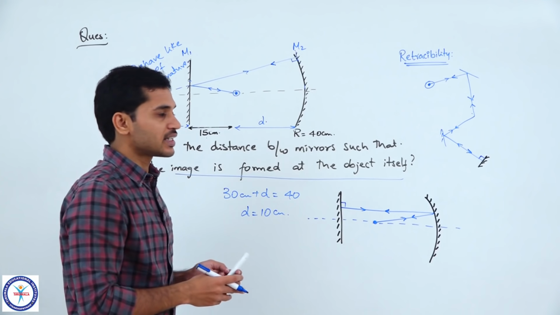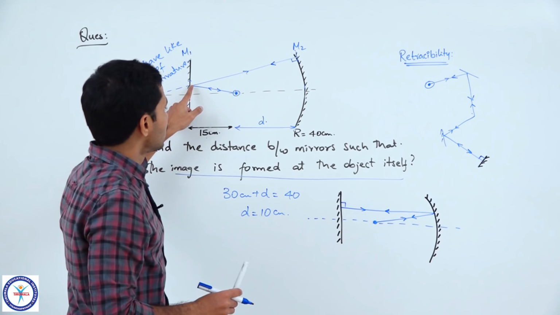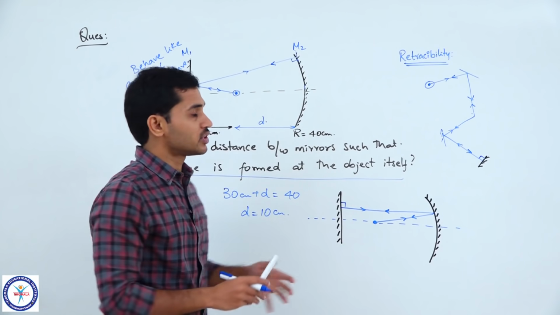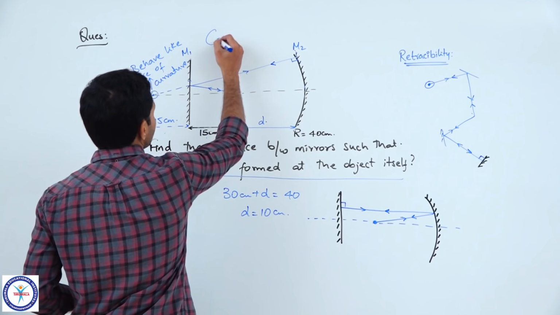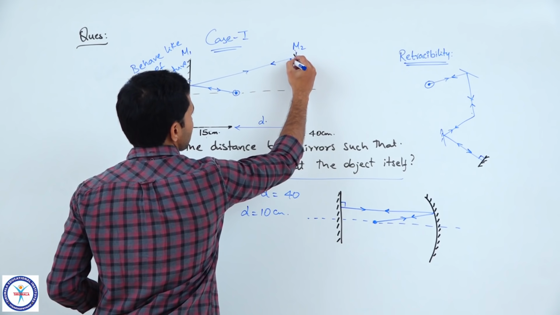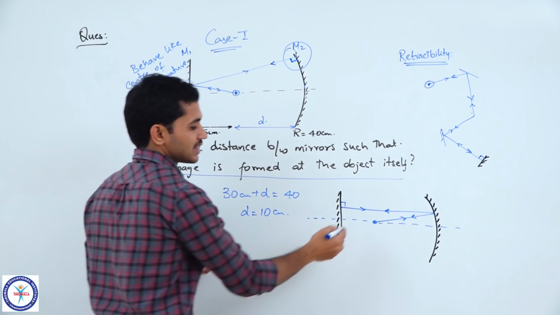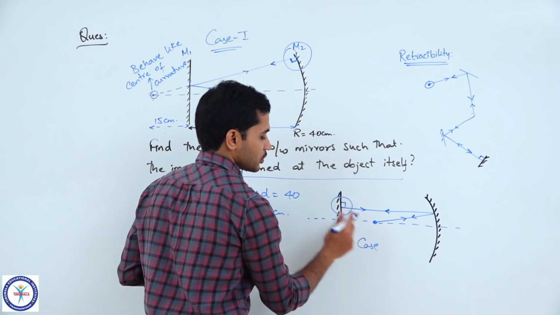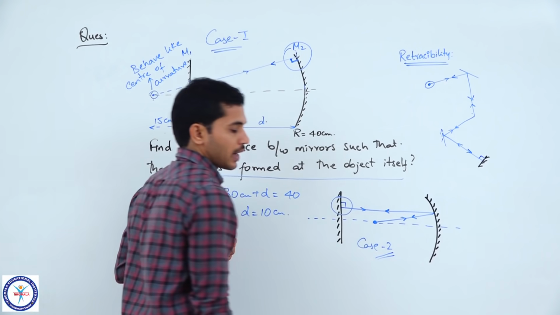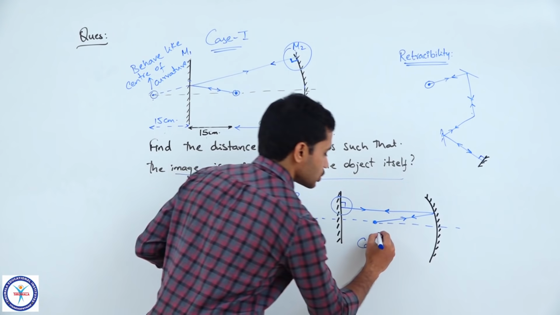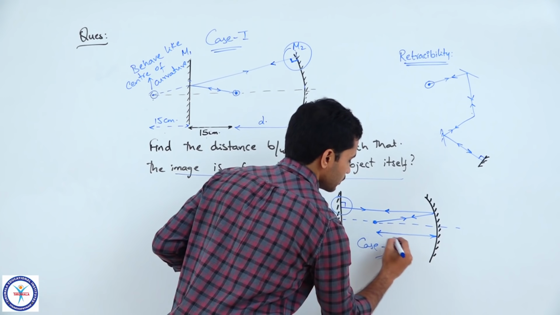So, we can consider the retraceability to happen either at this mirror, which is this case, or this case. So, these are once again two cases. This is case 1, where the retraceability is happening at this position, and this is case 2, where the retraceability is happening at this position.